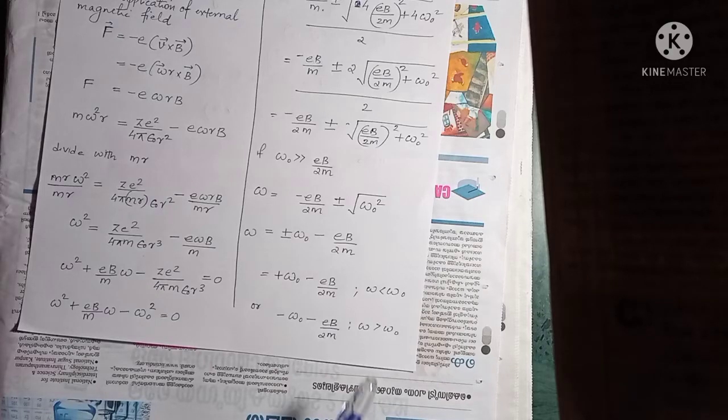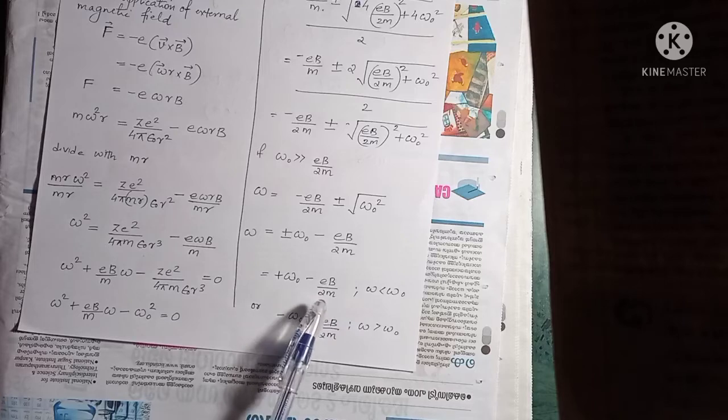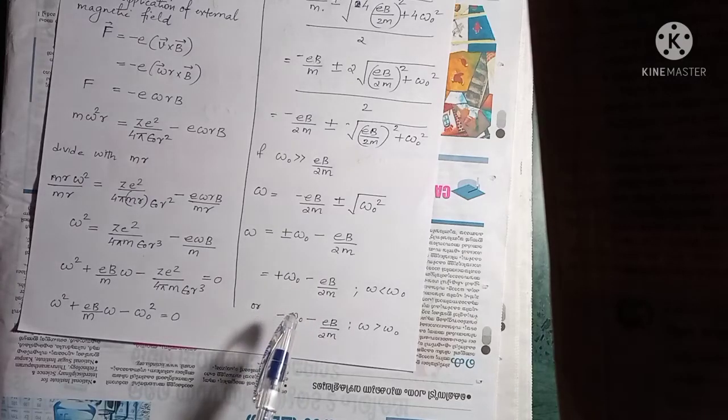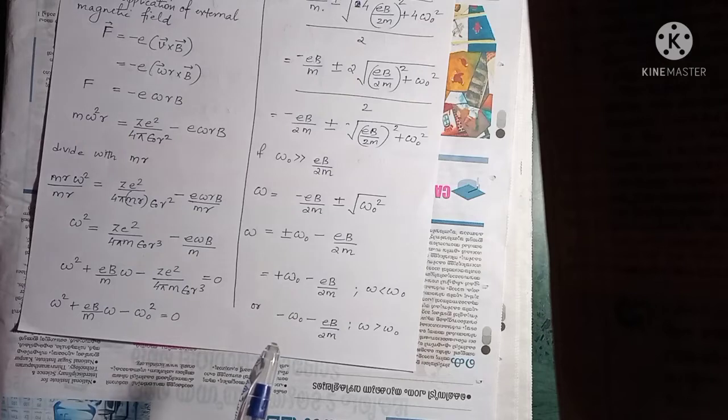That is, in the first case, after the magnetic field is applied, the electron is slowed down or its angular frequency reduces. In the second case, after the application of magnetic field, the electron gets speeded up or its angular frequency increases.